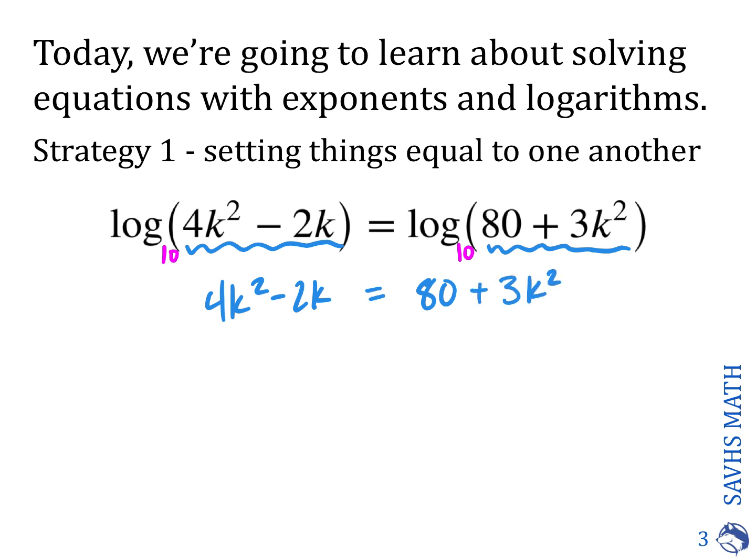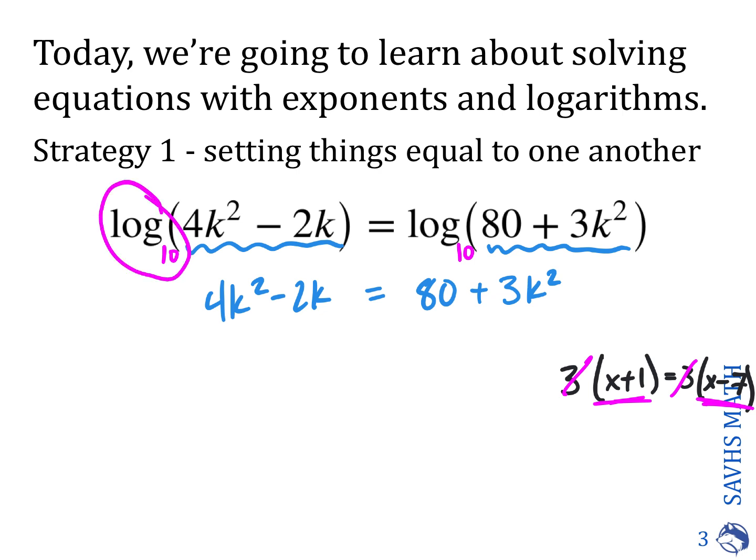It's like when you have 3x plus 1 equals 3x minus 7, you can assume that x plus 1 and x minus 7 have to be the same because the 3s cancel. It's the same idea here where these two things are just the same, and so I can ignore them. So I'm going to move on and use what I have written in blue. So I have 4k squared minus 2k equals 80 plus 3k squared.